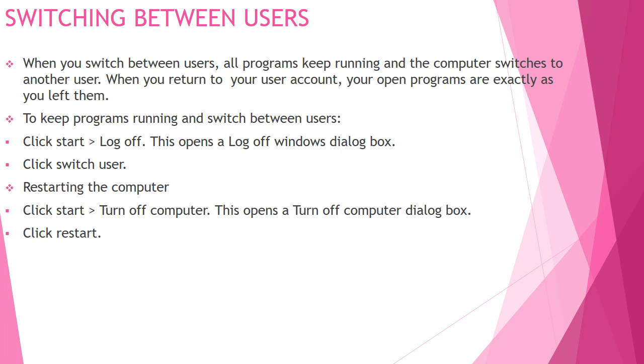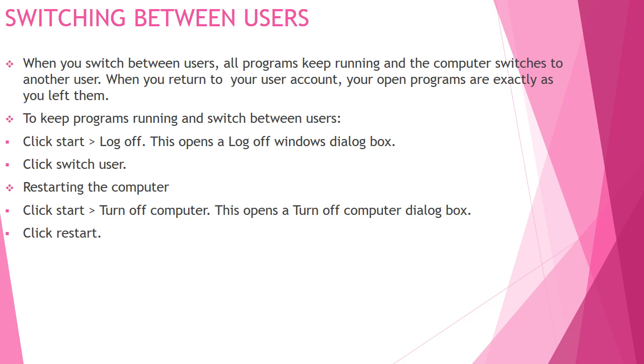Then select Start, select your user picture or the account icon, select users, then select other user and enter the credentials for another user account. So when you return to your account, your open programs are exactly intact as you left them.